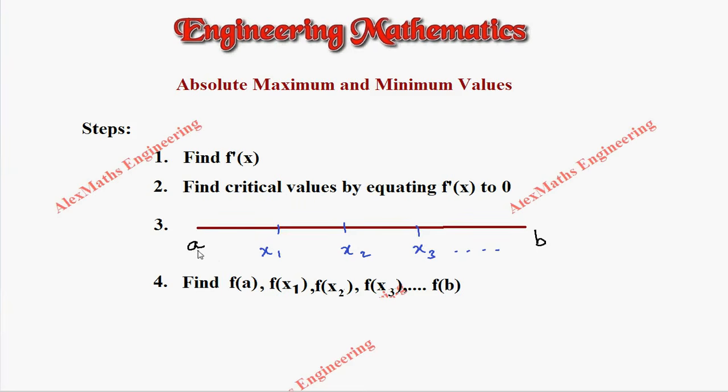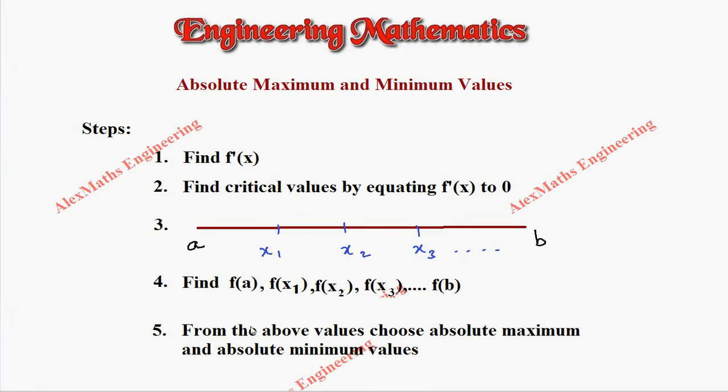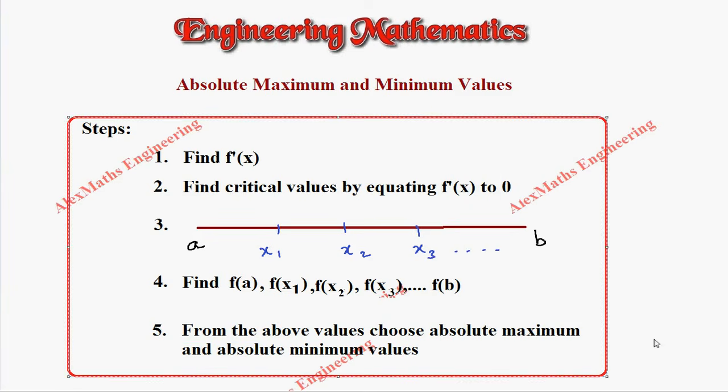F of a, substitute a in f of x, then f of x1, f of x2, f of x3, whatever critical values are available, and at last f of b. From the above values, we have to choose the maximum as the absolute maximum and the minimum as the absolute minimum value. So these are the steps we are going to follow for every problem.